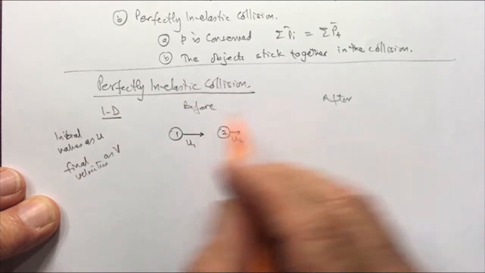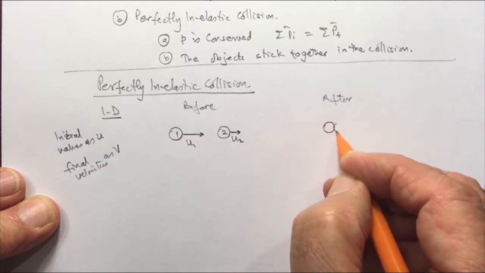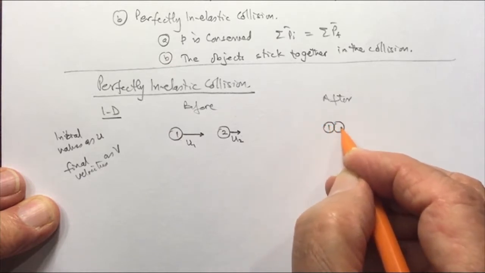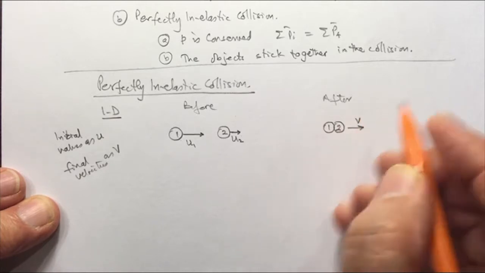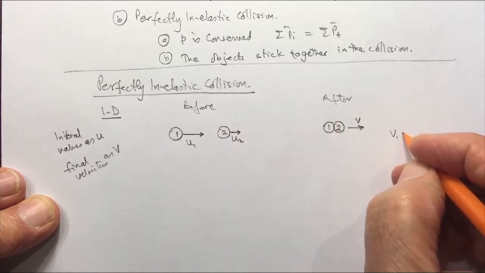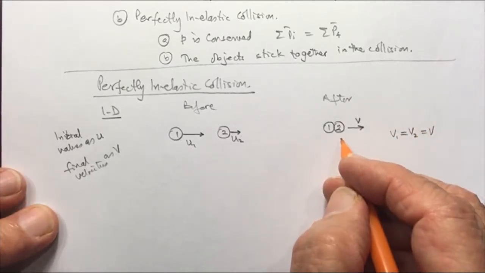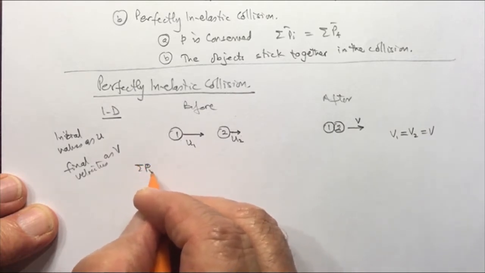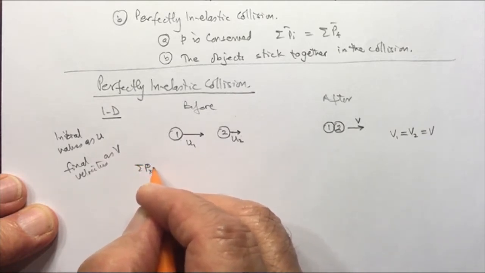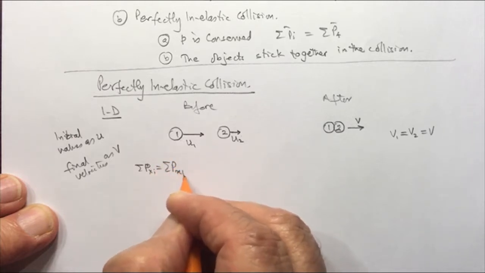And after the collision, because we're in 1D, they would stick together and move off with some final velocity. So v1 would be the same as v2, so we just have one final velocity. And now we write the sum of the x momenta initial equals the sum of the x momenta final.